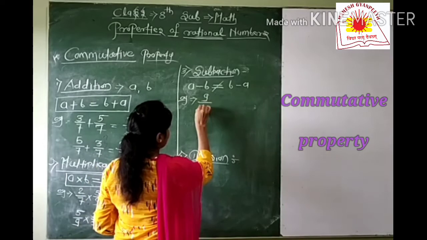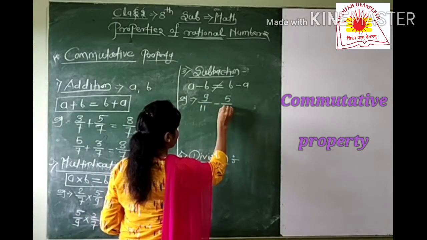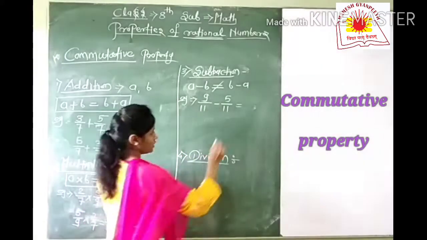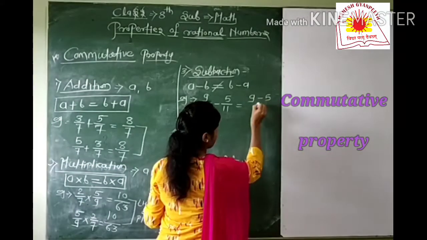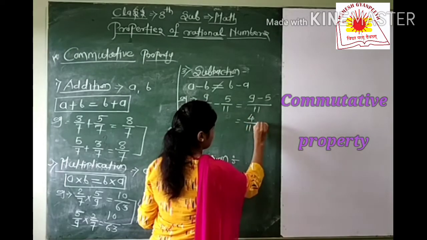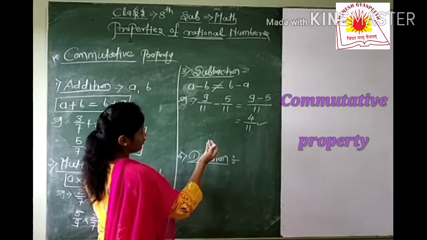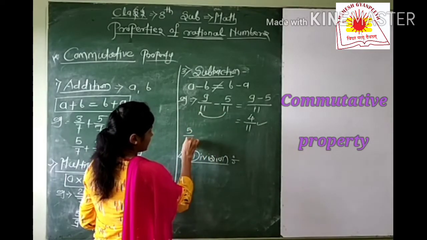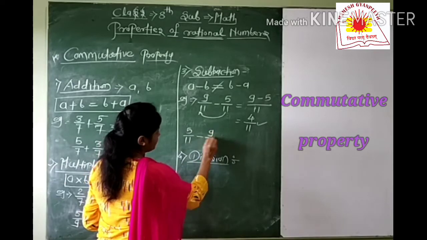9 upon 11 minus 5 upon 11. What is it? 9 minus 5 upon 11, which is 4 upon 11. After that, exchange the terms: 5 upon 11 minus 9 upon 11.